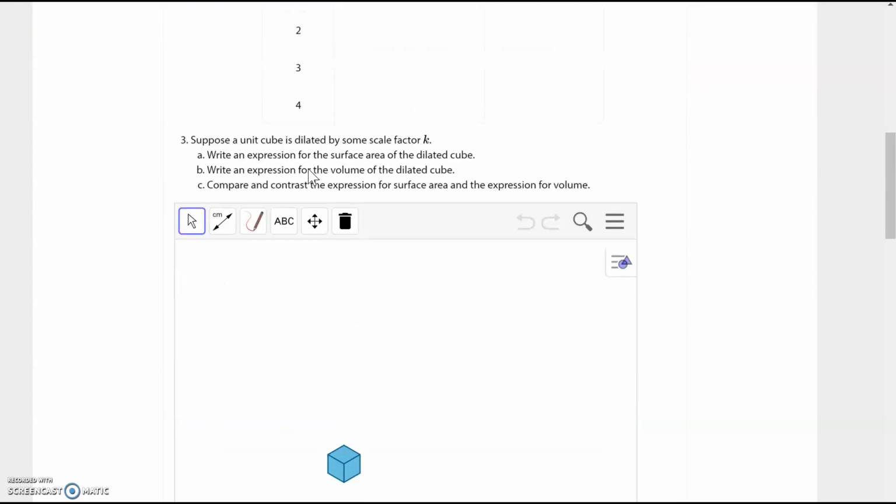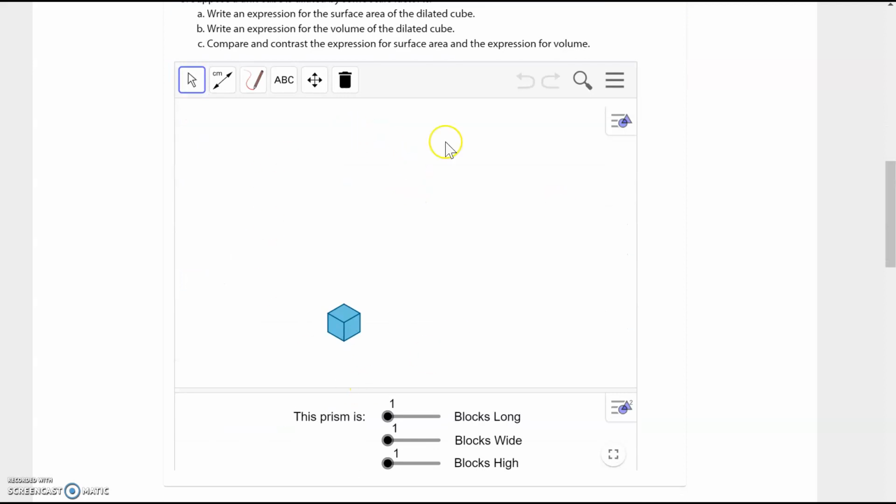If you scroll down, there's a GeoGebra app built into the lesson that has unit cubes, and we are going to come down to these sliders. This is how we're going to change our scale factor. So we do have unit cubes, we just can't hold them in our hands. It's going to be virtual.